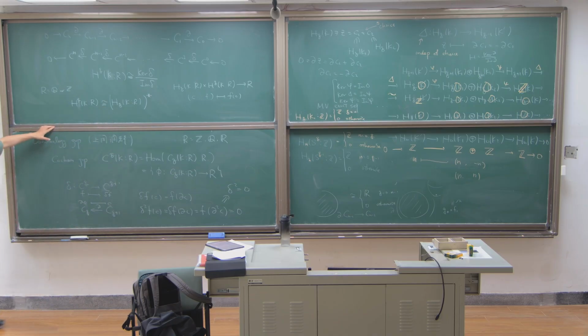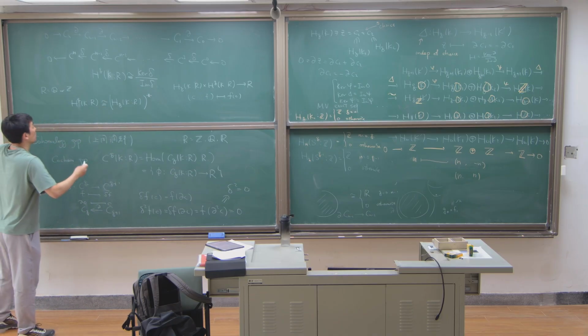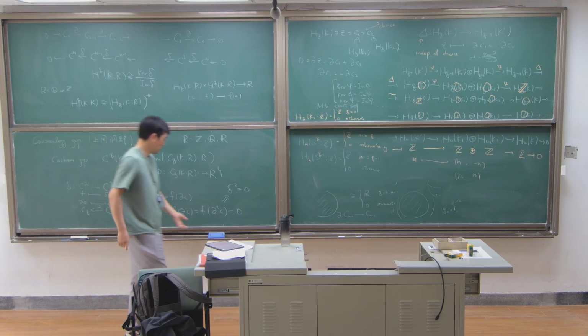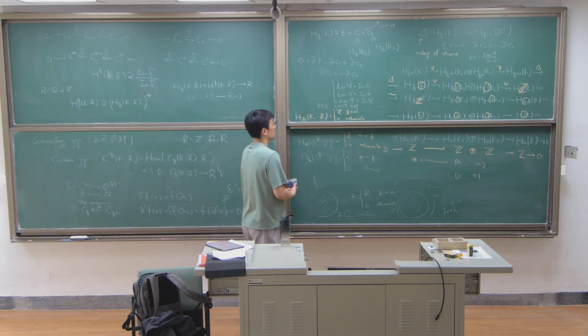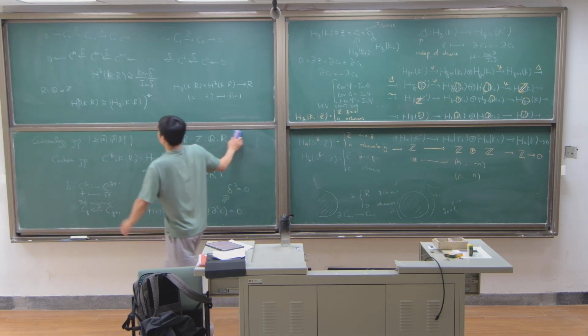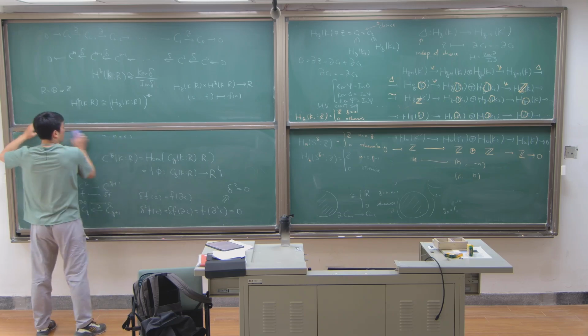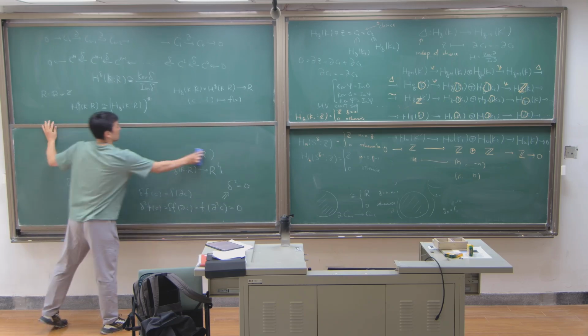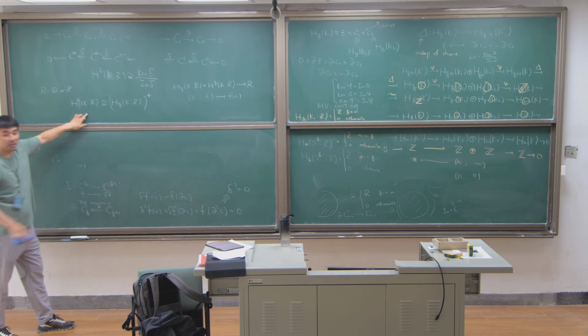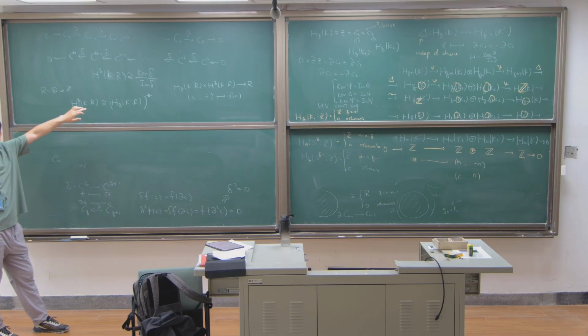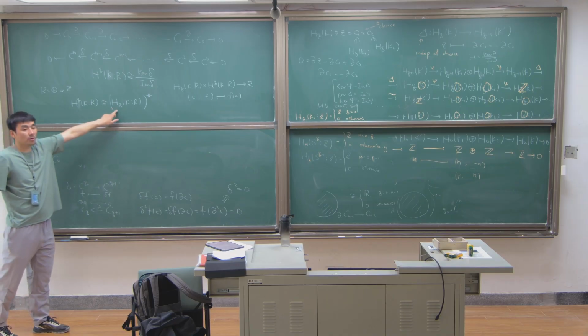So for instance, this can be seen, we already saw this example. Where did we see? Today we saw this example. Where did we see? Do you remember? This is an example we always saw.